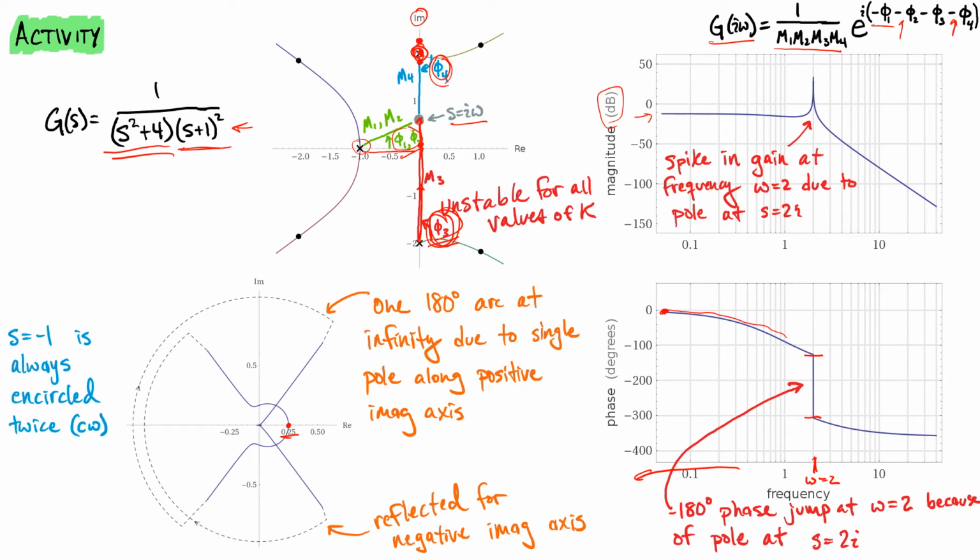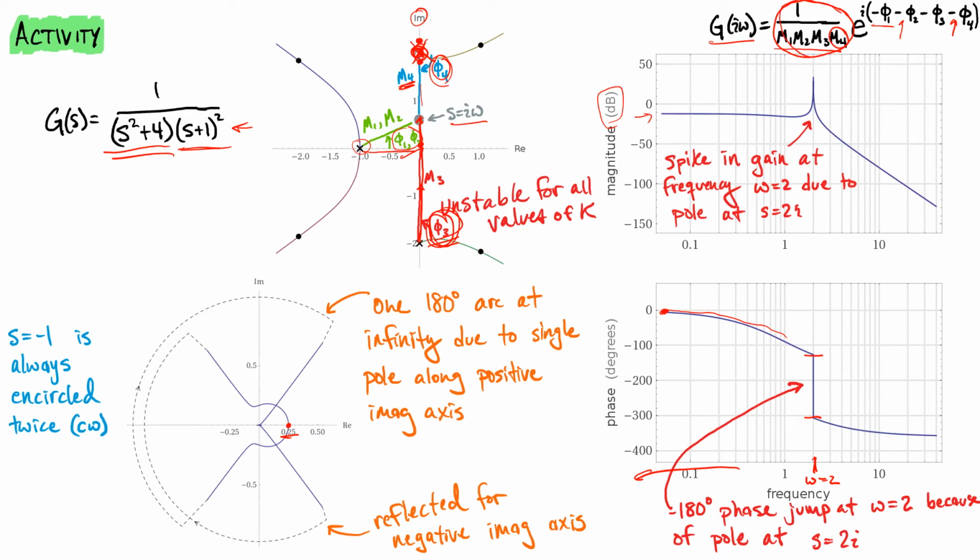Simultaneously, the magnitude of the distance between the test point and this pole at s equal to 2I is getting smaller and smaller. As we approach this point on the imaginary axis, M4 gets smaller and smaller, which makes this overall magnitude blow up, because M4 is getting very, very small, so this reciprocal value gets very, very large.